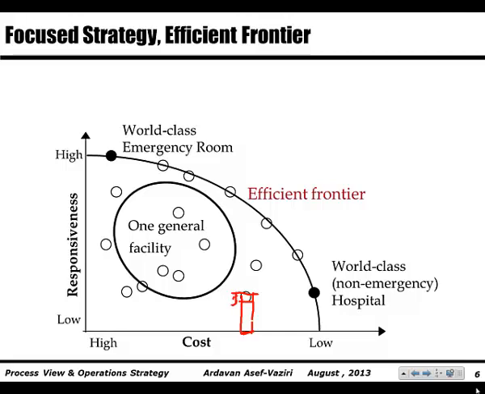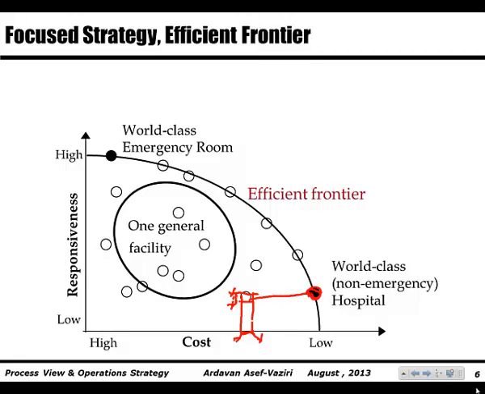So it can produce product at this cost or lower cost products at this cost. Fast operations here, smaller operations here. This is a focused organization. But it is not a world-class focused organization because it is not on the efficient frontier.